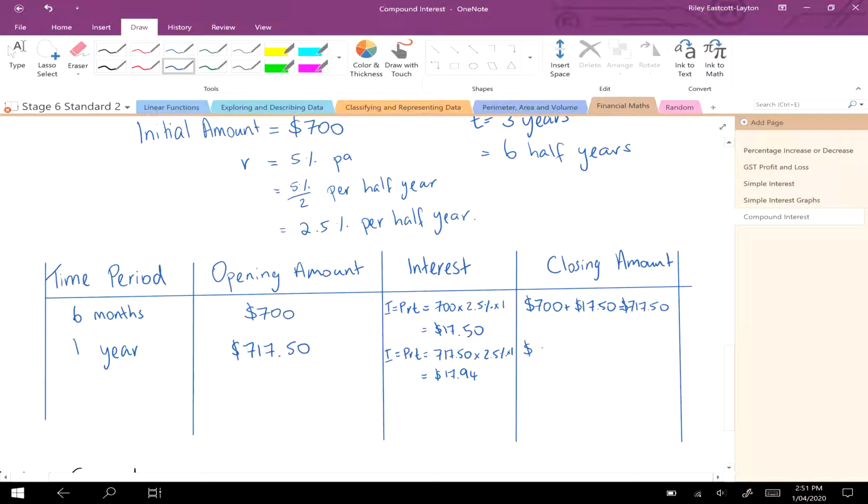And up here, for our closing amount after 1 year, it will be $717.50 plus $17.94, which is equal to, I might write it underneath, $717.50 plus 17.94 is $735.44. And now, same as last time, I'm going to bring this down to here.